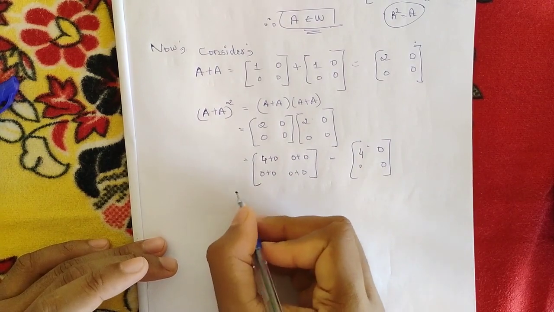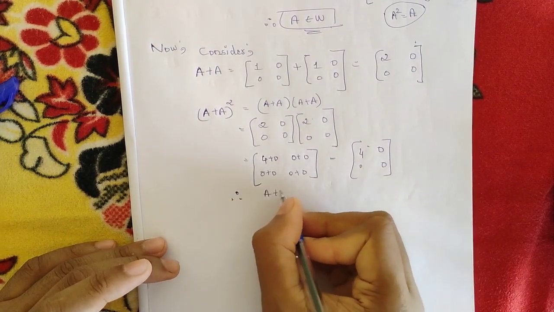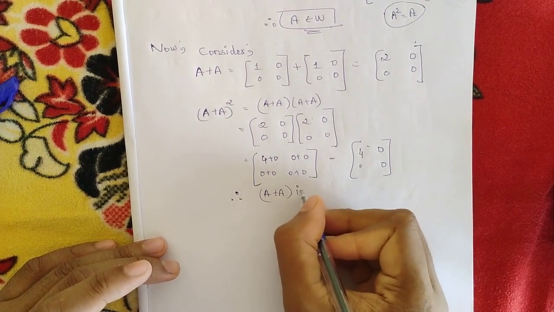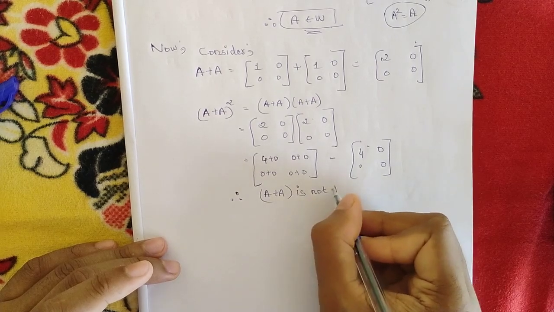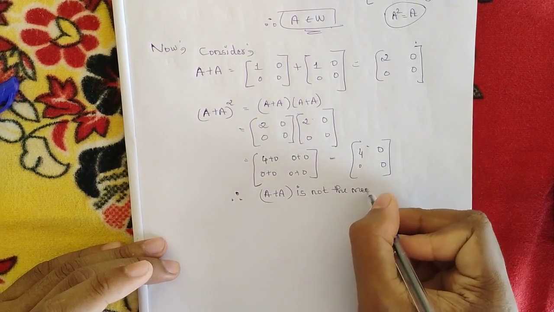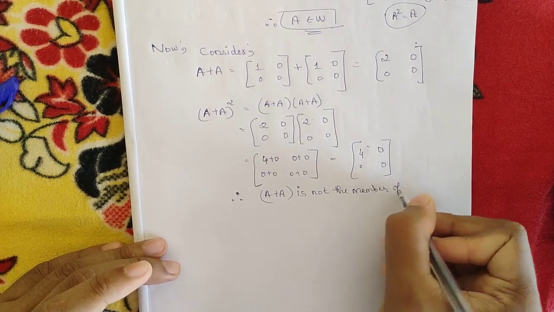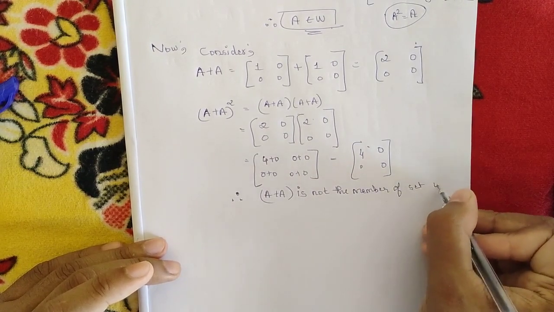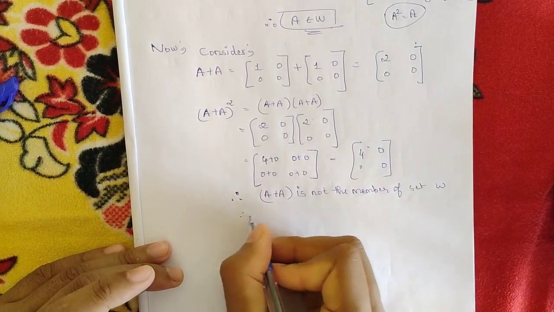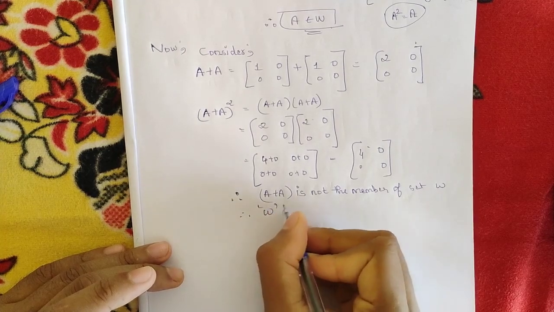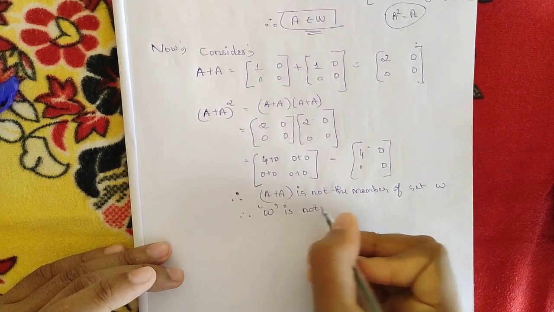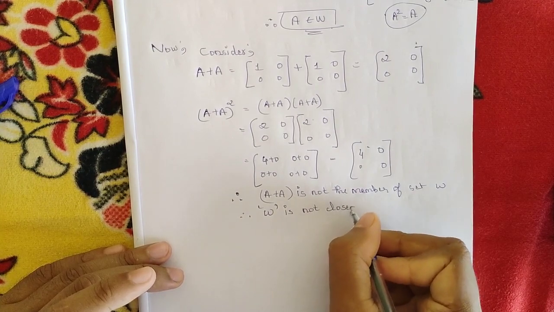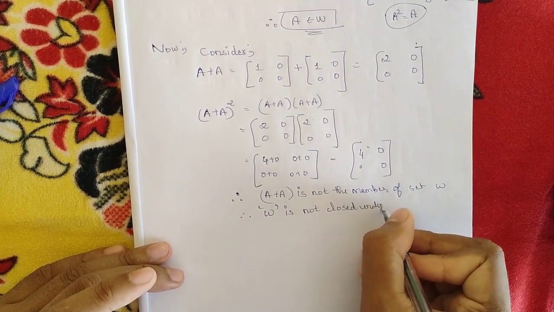So A plus A is not a member of the set W, because W is not closed under addition.